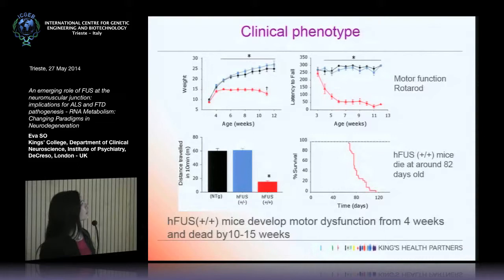And also they perform really badly on the rotarod test. They start to have a decline of motor function at 4 weeks, and also a dramatic loss of locomotor activity in an open field environment. These mice die around 82 days.